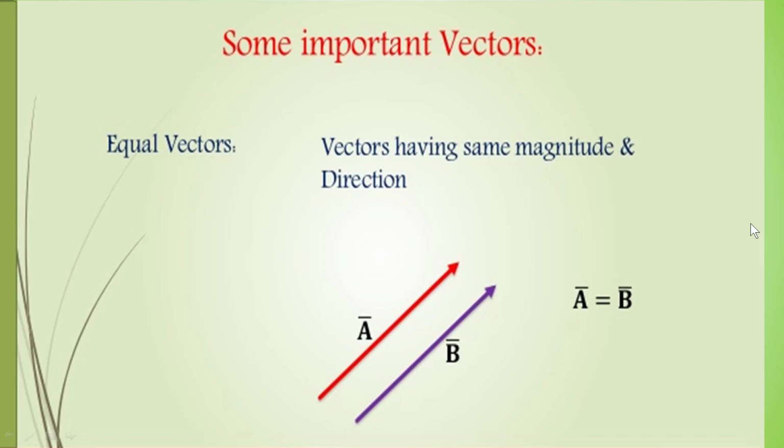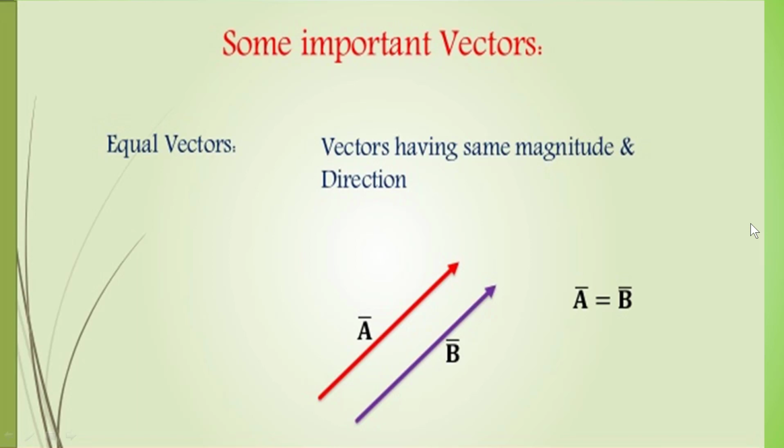Okay, now if we discuss some important vectors, equal vectors: what does it mean? Vectors having the same magnitude and the same direction. Let's say we have two vectors, vector A and vector B, and these two are equal. You have to place an arrowhead over the symbol.